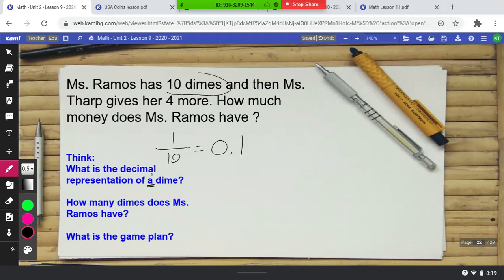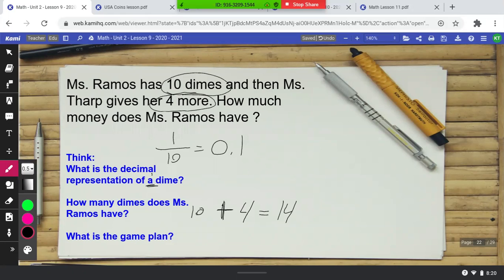Well, the problem tells us 10 dimes. And then it says that Miss Tharp, that's me, I give her 4 more dimes. So she now has 14 dimes.